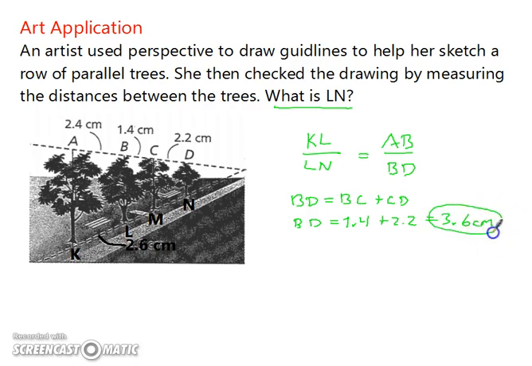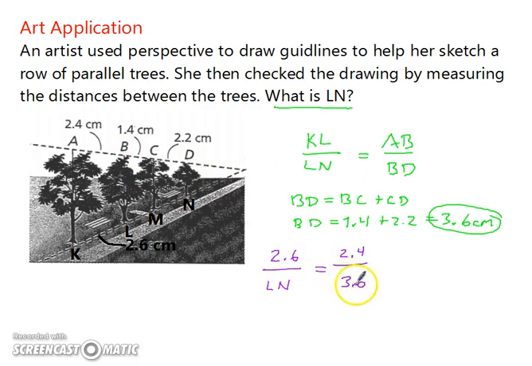So this is one of the numbers that we need for this. KL, we know that one is 2.6. We're trying to find LN, so we don't know what that is. We know that AB is 2.4, and we just figured out that from B to D is going to be 3.6.